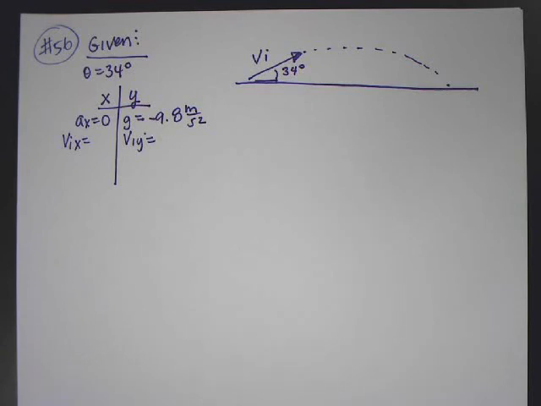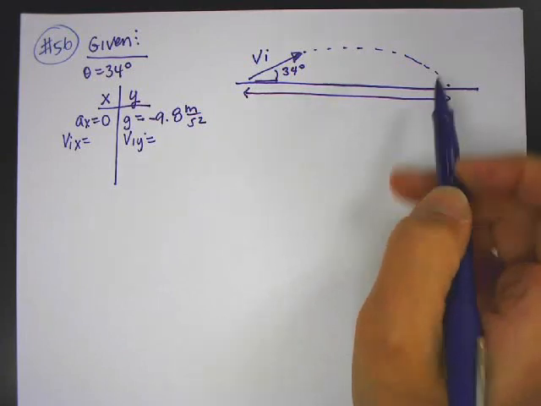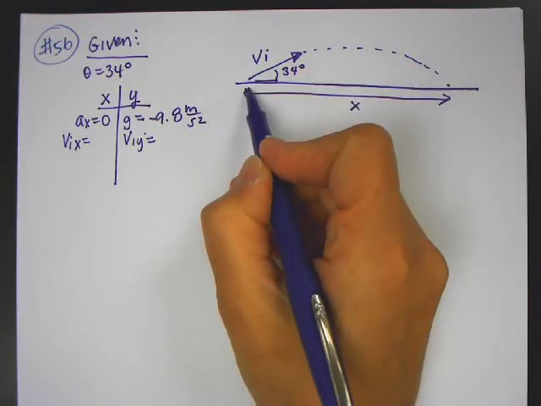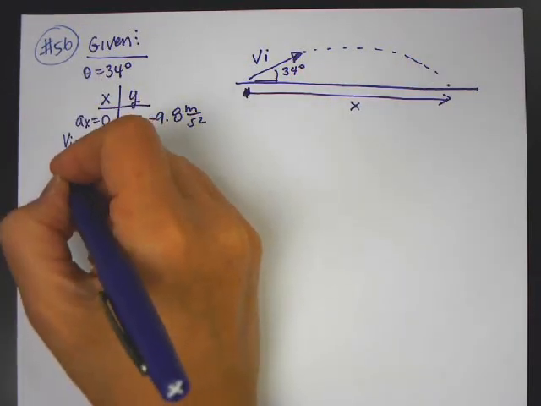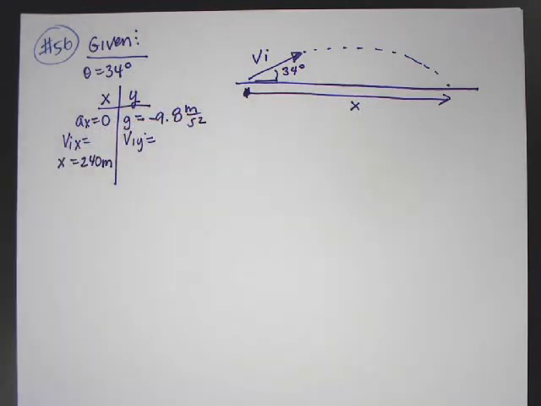So let me read the rest of the problem. So it lands exactly 240 meters down the range. So from where I start to down here, this is x. So in my given, I can write x is equal to 240 meters. It says, neglecting air friction, what is the initial speed that would achieve this result?